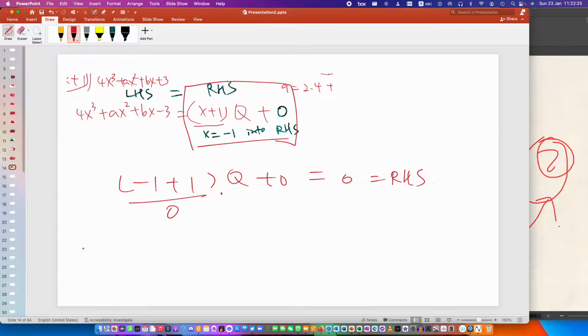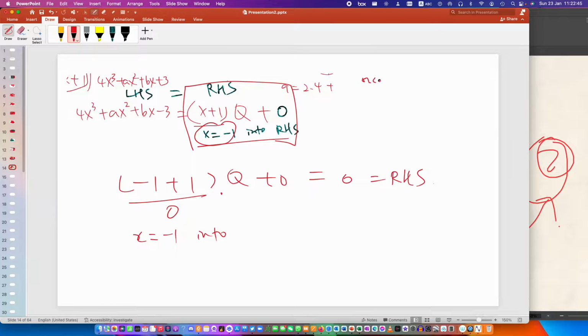Since you put x equals -1 into the RHS, you need to put x equals -1 into the LHS as well. So you came to the conclusion that x equals -1 because x plus 1 is a factor. Yes.